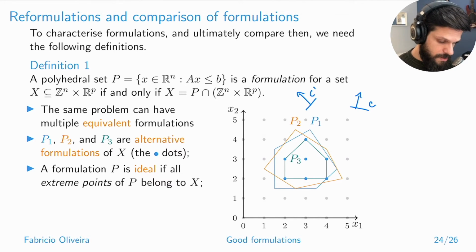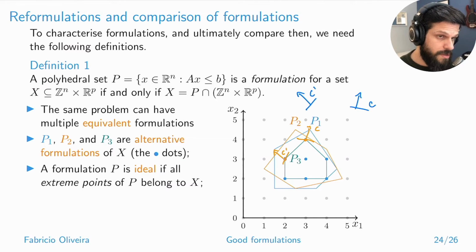In any case, you're going to end up finding a solution. You're going to end up finding a solution, this case for C prime, like so, and this is C. That is a point that belongs to X. Notice that is not the case with P1 and P2 at all.